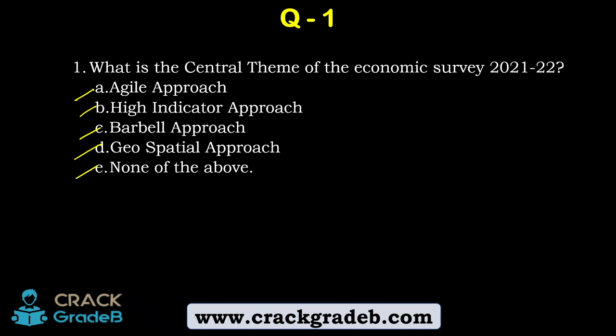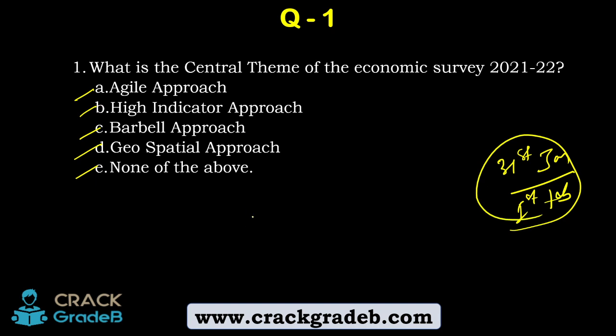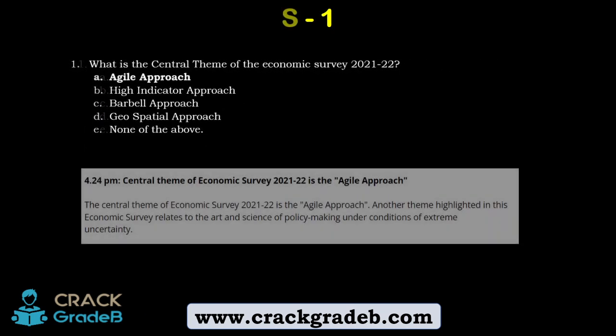So if you are watching it on the night of 31st Jan or 1st of Feb, this is to test your memory, to see whether you are able to recall whatever you have seen. But if you are watching at a later date, that's absolutely fine because you might already know this. Let's see the answer with the solution.